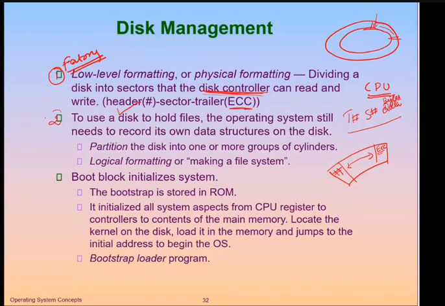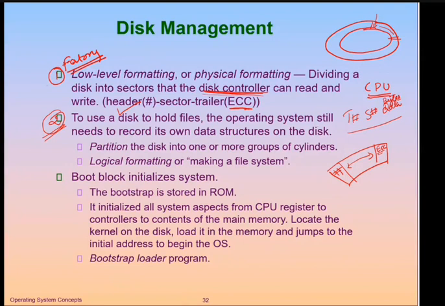The second thing we need to perform is that the operating system has to record yet another data structure onto the hard disk, so that the disk can hold files.